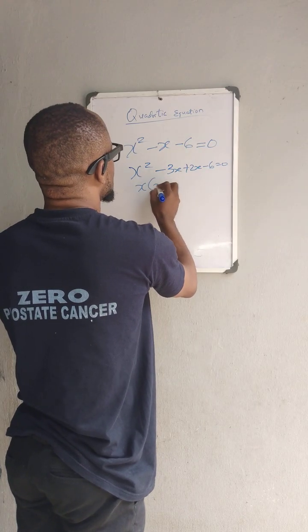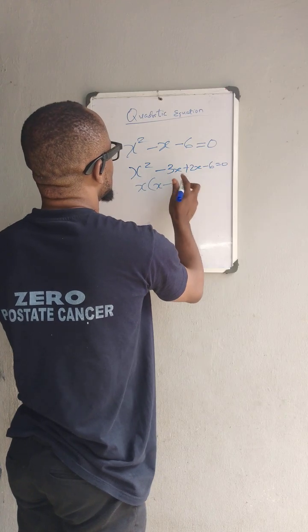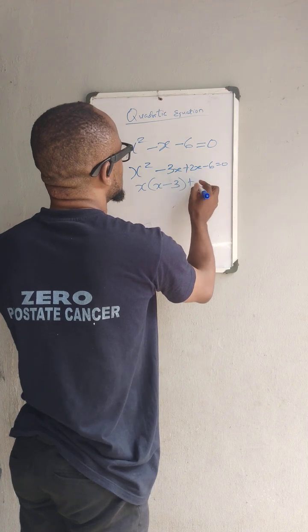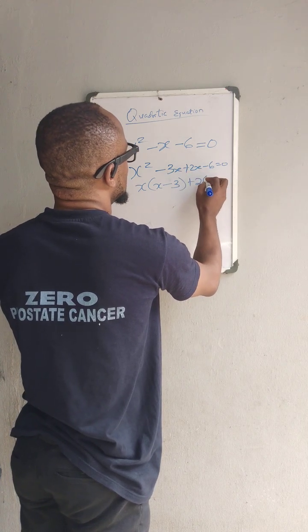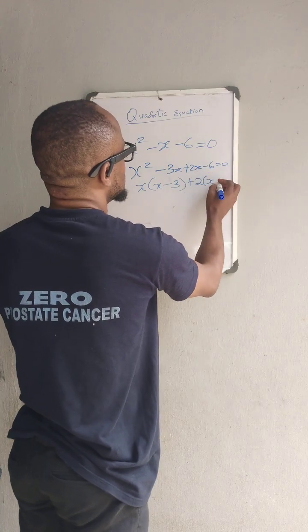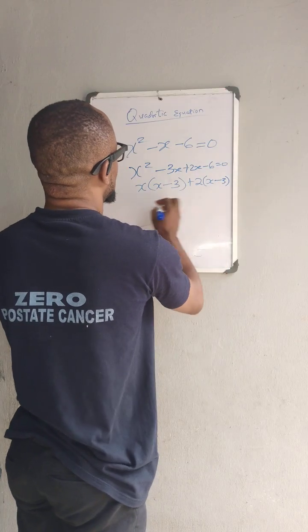Then x takes care of x minus, this is 3, plus 2 takes care of 2x, you put your minus sign, 2 divided by 6 equal to 3.